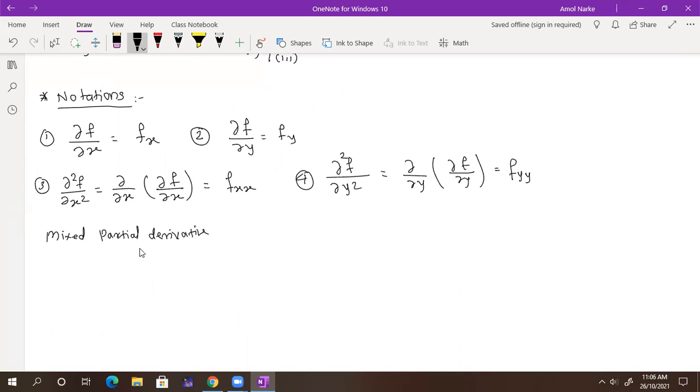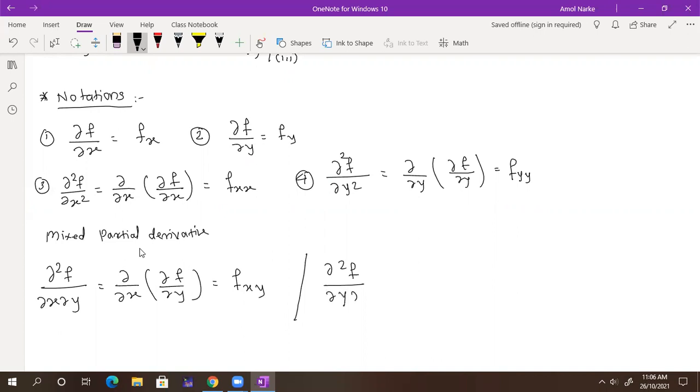In the notation, ∂²f divided by ∂x ∂y is denoted by ∂/∂x of ∂f/∂y, and it is denoted by fxy. And ∂²f divided by ∂y ∂x is denoted by ∂/∂y of ∂f/∂x, and it is denoted by fyx.